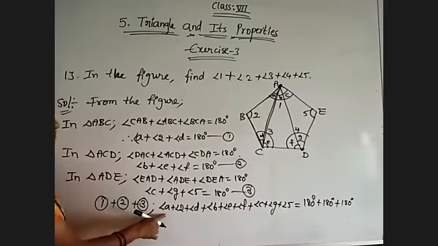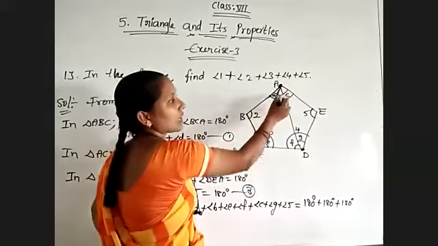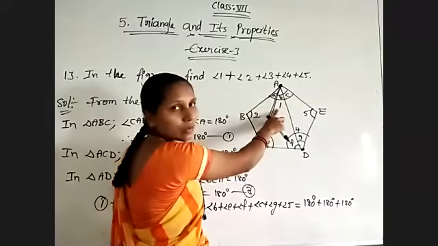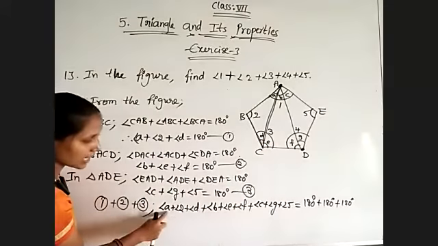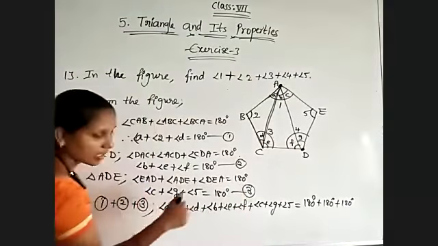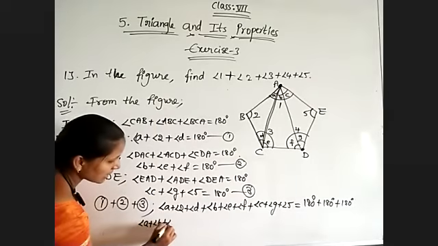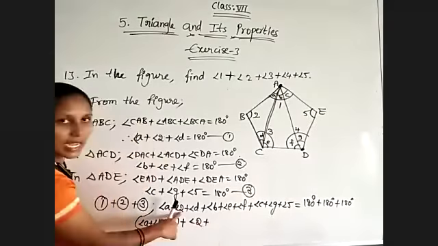Now angle A. Just observe, at A, angle 1 is ABC. The sum of these three angles is equal to angle 1. So those three angles together I am writing: angle A plus angle B plus angle C, plus angle 2, which we already have here.